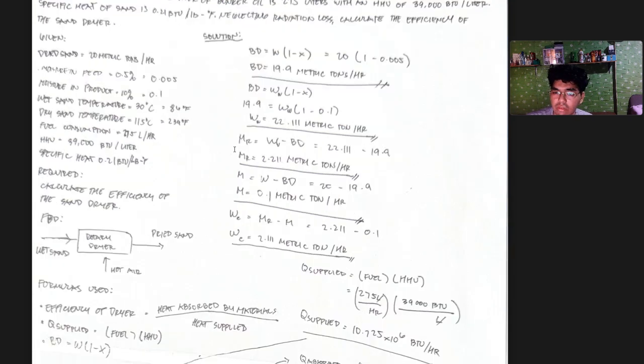Using that, substitute it to get the weight, which is 22.111 metric tons per hour. For the moisture removed, subtract 22.111 minus 19.9, so the moisture removed is 2.211 metric tons per hour.